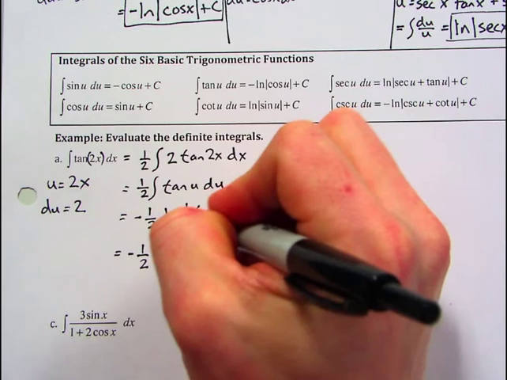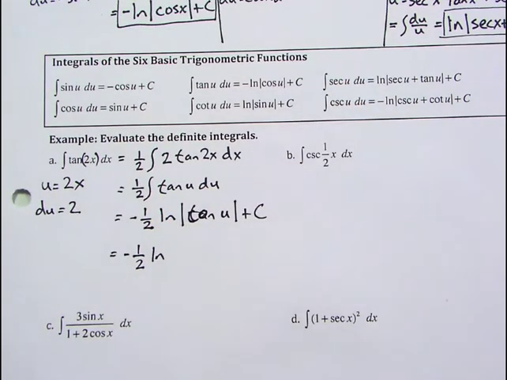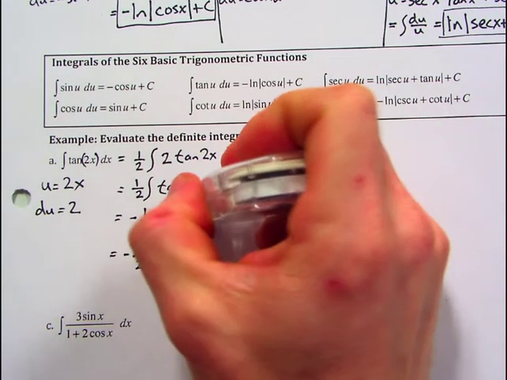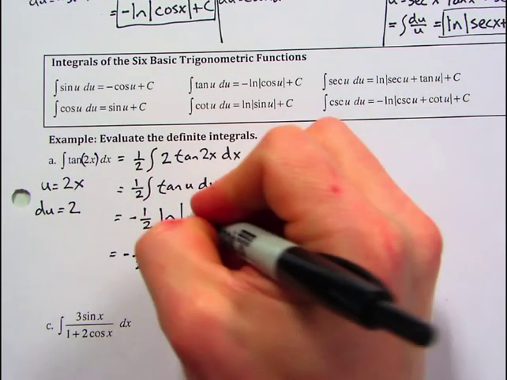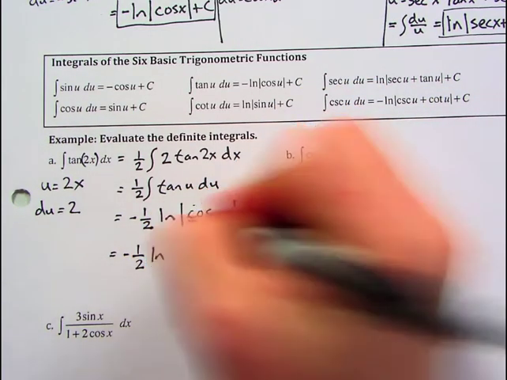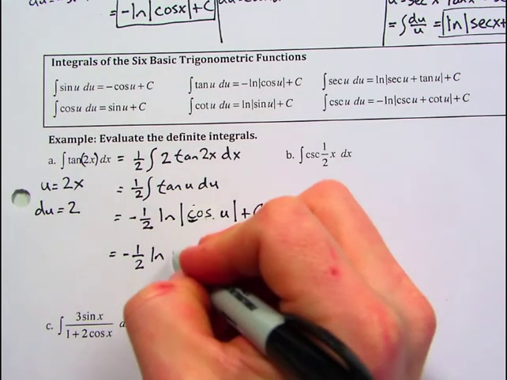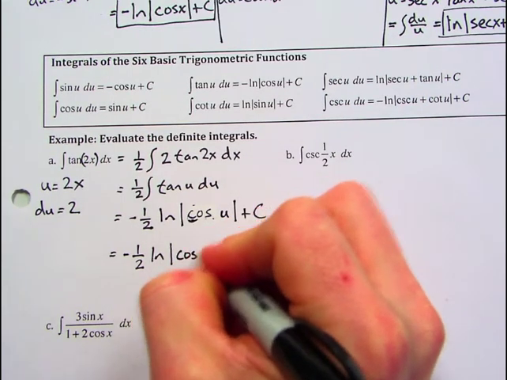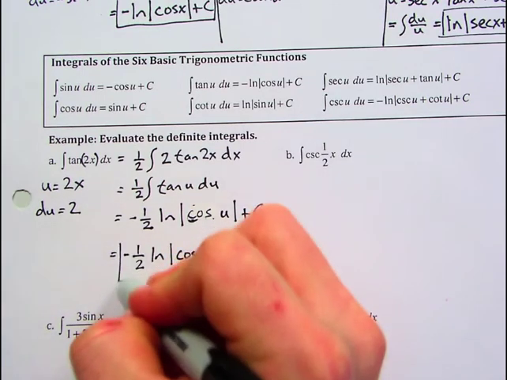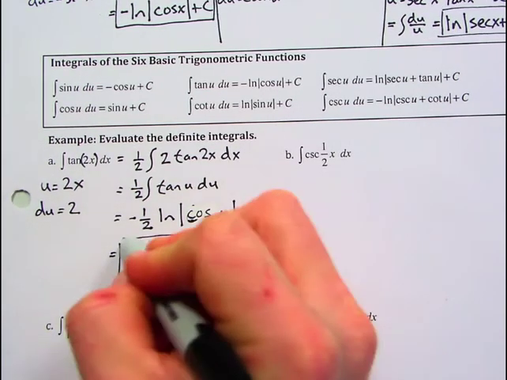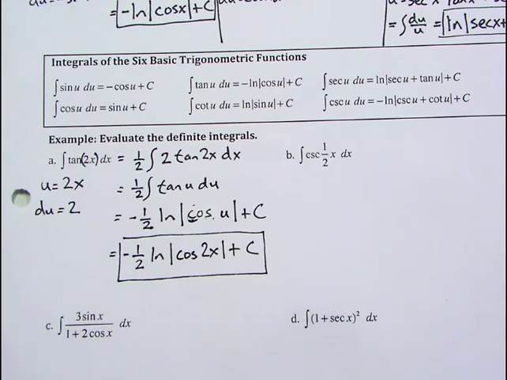So negative 1/2 natural log of cosine 2x plus c. Once you get in that form, then you can do it. And then we're good.